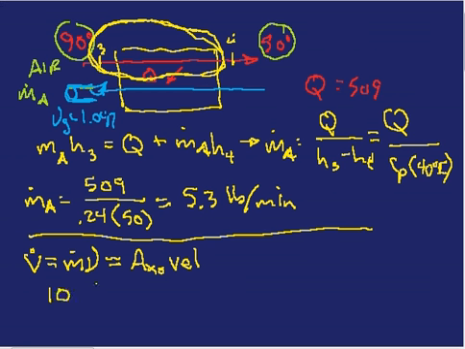Well, let's get that into pounds per second, so we'll divide by 60 seconds per minute, times the specific volume, 1.047, is equal to the cross-sectional area of the pipe, which is pi d squared over 4, times the velocity, which is 6 feet per second.